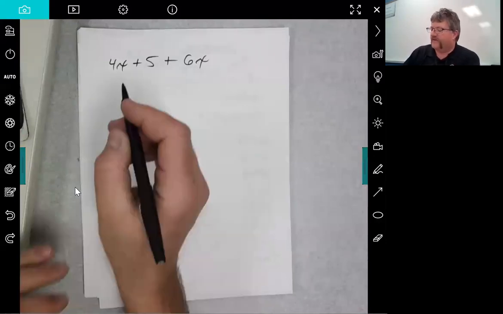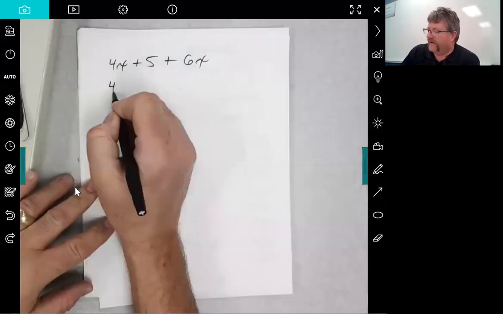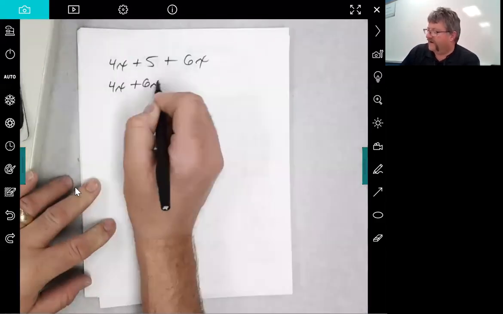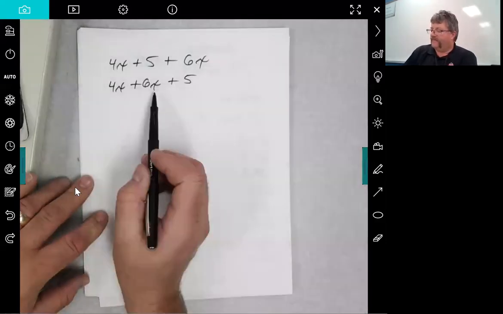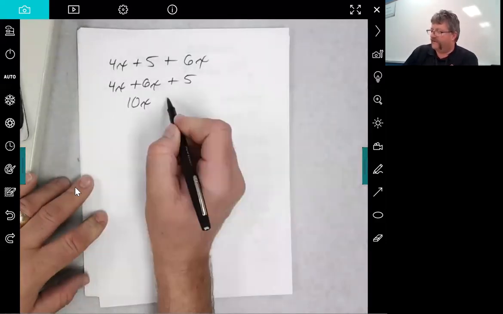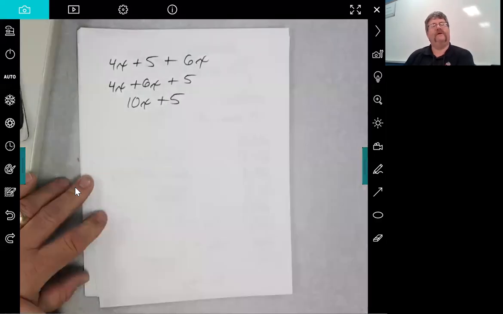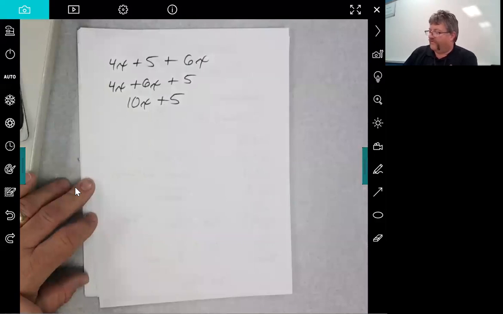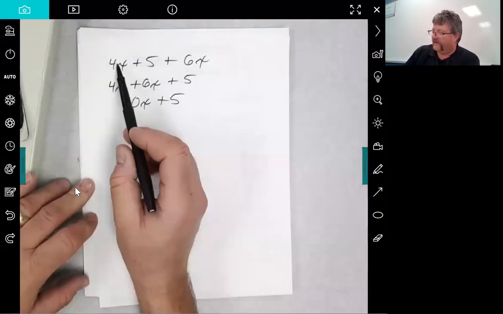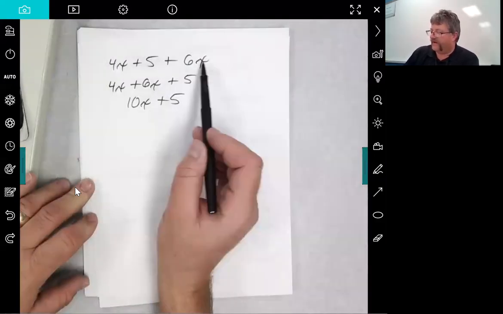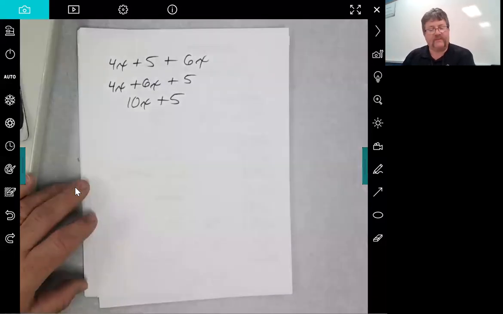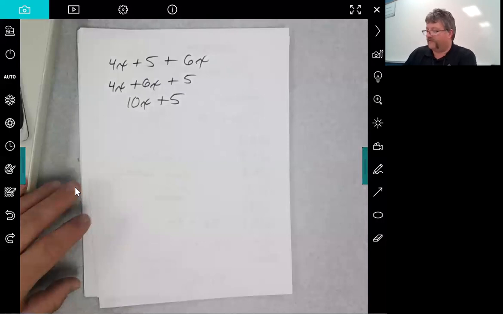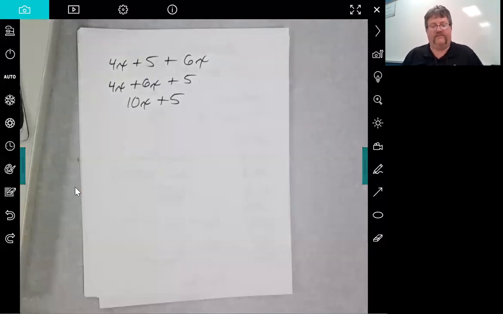I can put the 4x and the 6x side by side and just cast the 5 off to the side there, and now I can say, aha, those are really 10x plus 5. Once you get the swing of it, which doesn't take long, in the first step we'll see a 4x and a 6x, we'll call it 10x. We won't have to rewrite it. But we'll understand we can use these properties, the first of which is called the commutative property.